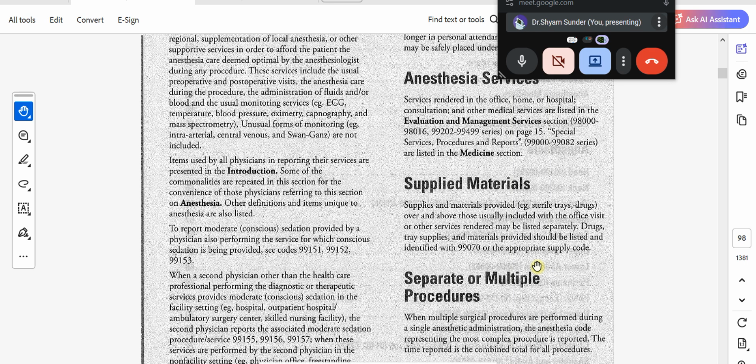But for the anesthesiologist, of course, there is one code given, 99070. Can you quickly check what is 99070? So this is for the facility, not for professional coding. Supplied material, does it come under HCPCS? No, there's a code given, 99070.